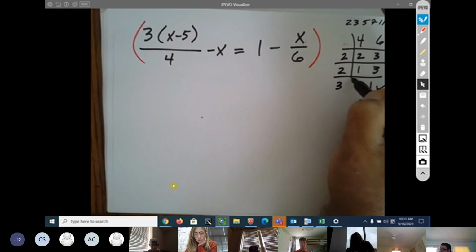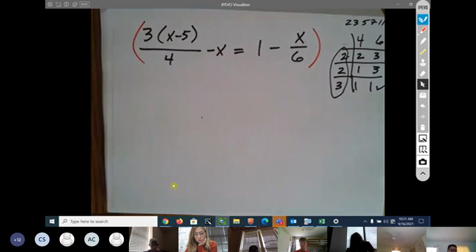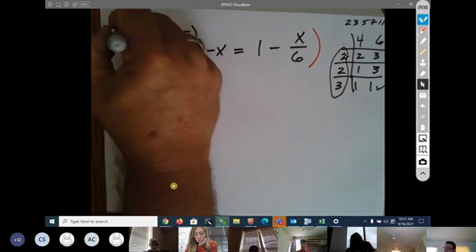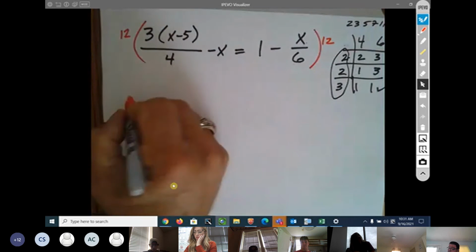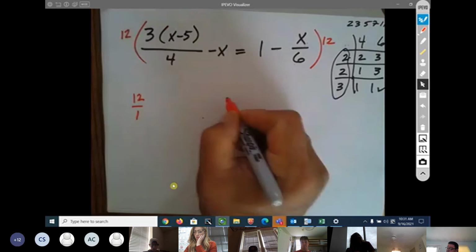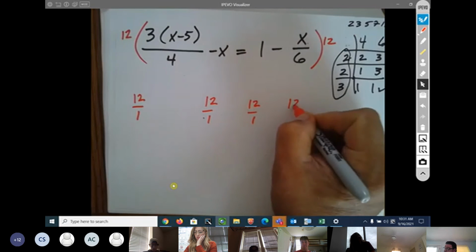So we got the 2 1s. So 12 is our common denominator. So 12 over 1 here, 12 over 1 here, 12 over 1 here, 12 over 1 here.